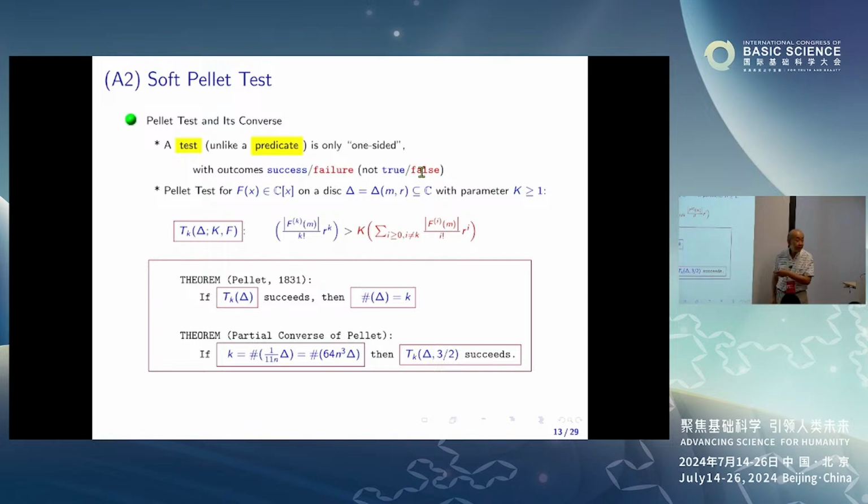Seeds has fails you. We really need a partial converse.